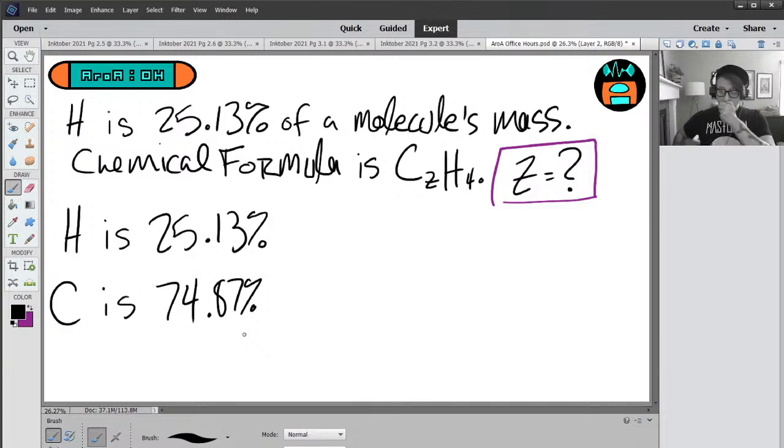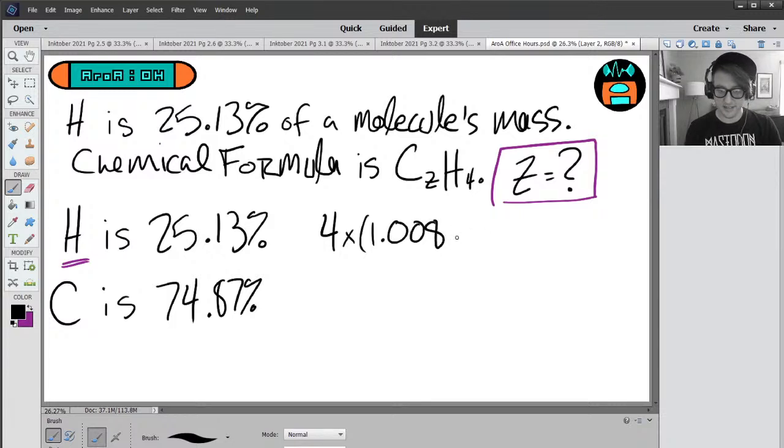Now, the mass that represents 25%, i.e. hydrogens, is 4 times the mass of hydrogen, which is 1.008.